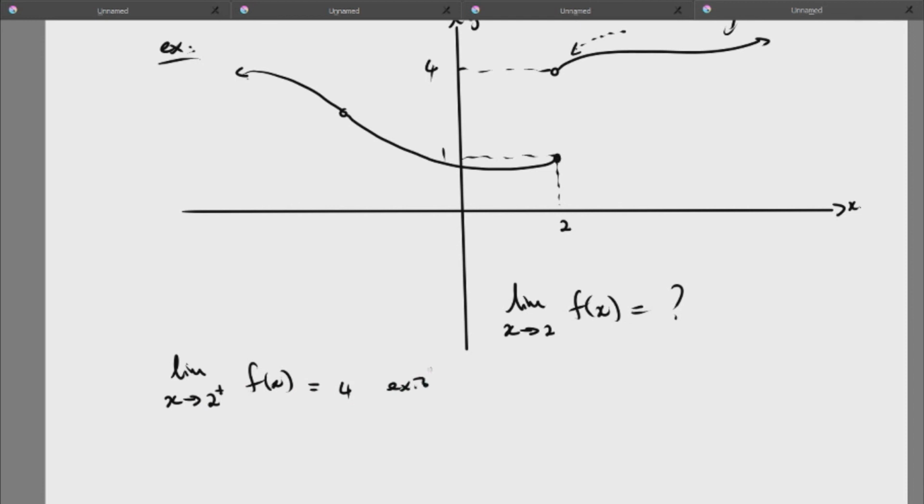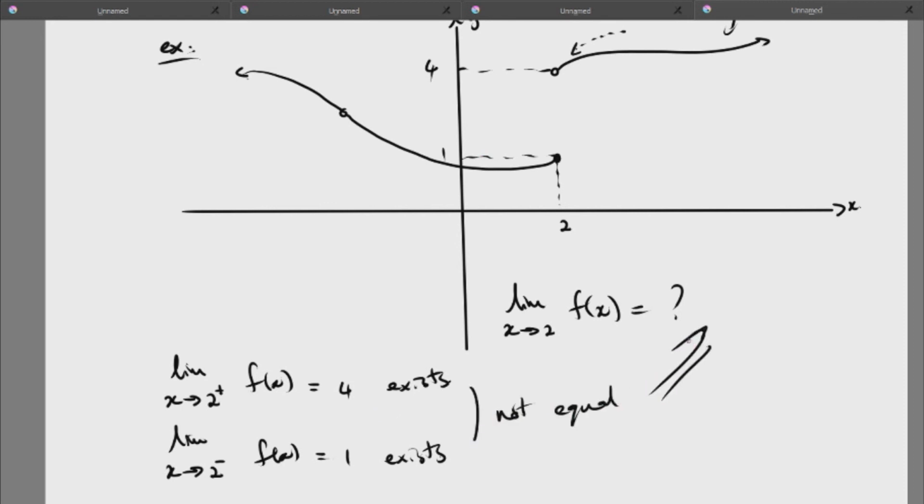It exists. But the limit as x approaches 2 from the left is 1. Yeah, it also exists. If you ask me, where are you walking to? I'm walking to 4. Where am I walking to? 1. So they both exist, but they're not the same. They're not equal. Therefore, this does not exist.